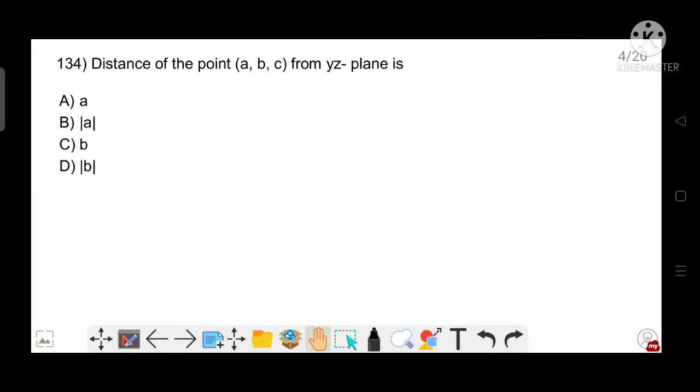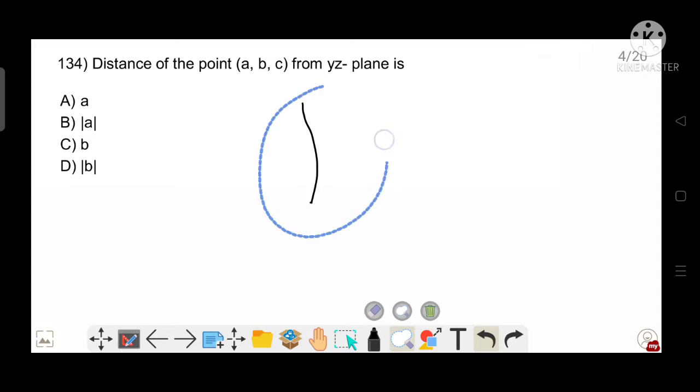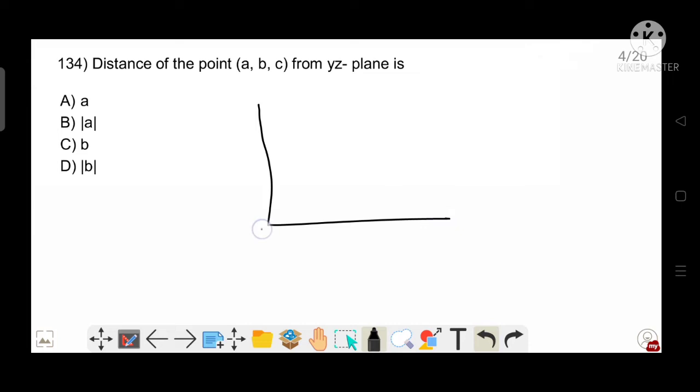Okay, the distance of a point from the yz plane. Okay, simply, if we draw a 3D line, sorry, my 3D line is so complicated. Okay, try x, y and z.